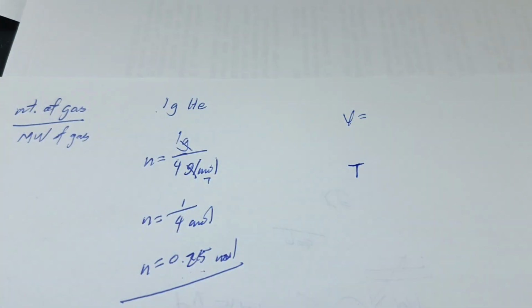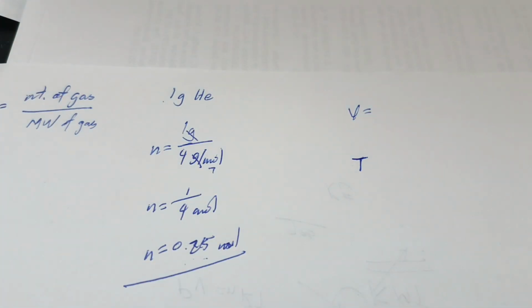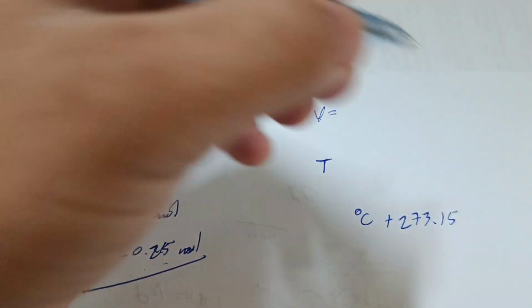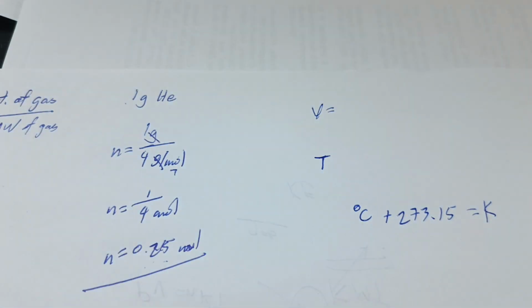For temperature, the temperature of a gas is usually measured with a thermometer, and calculations involving gases should be expressed in Kelvin. The Kelvin and Celsius temperatures are related by the following equation: you simply add 273.15 to the degrees Celsius to get the Kelvin measurement.